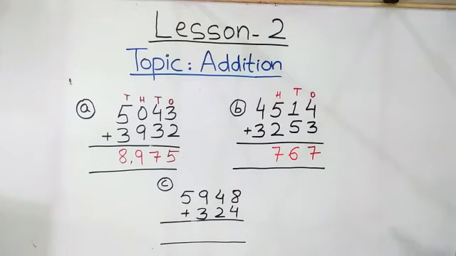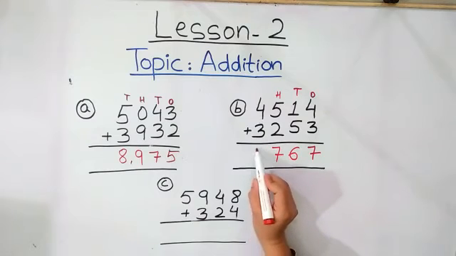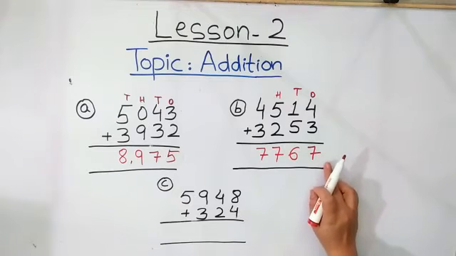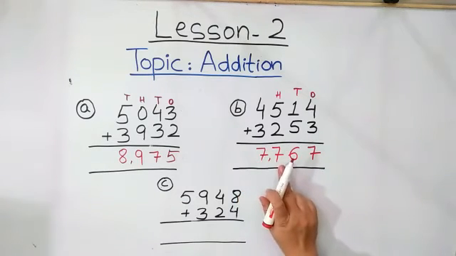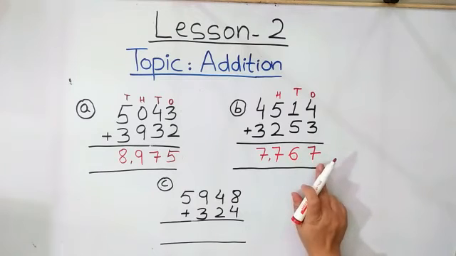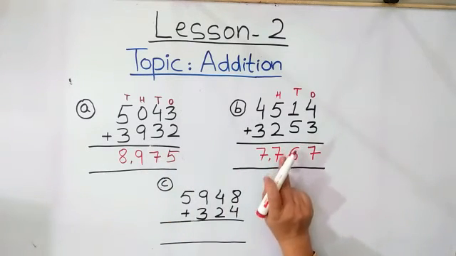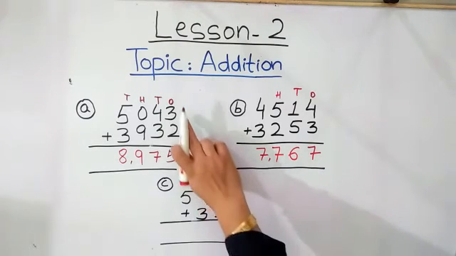And at the end we add 4 plus 3, which equals 7. So by adding these two numbers we get the final answer, which is 7,767.